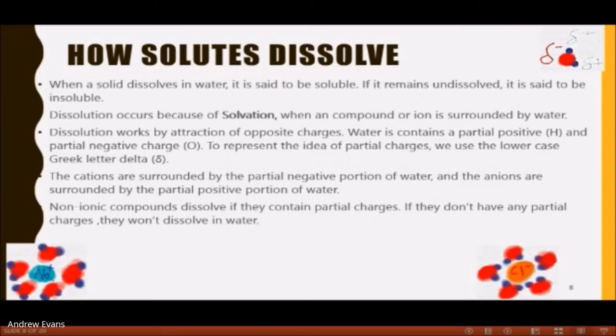Now, if something were to remain behind, this is said to be insoluble, or not soluble. This dissolution process is often called solvation. Solvation is when the compound or the ion gets completely surrounded by water. The whole idea of why it disappears when it goes into water: it never fully disappears, it just becomes too small for our naked eye to see.